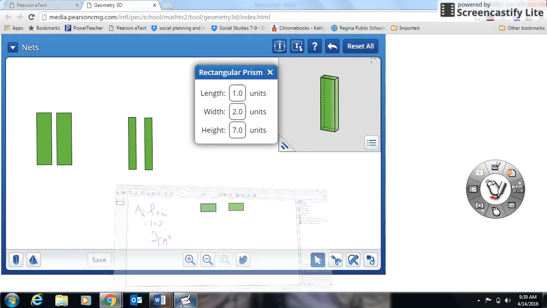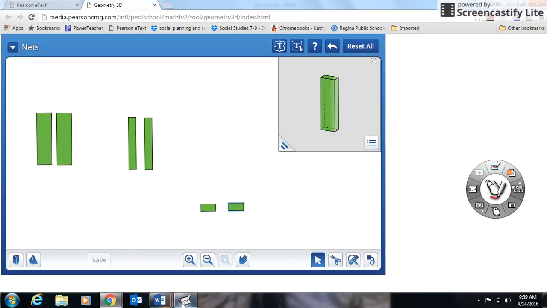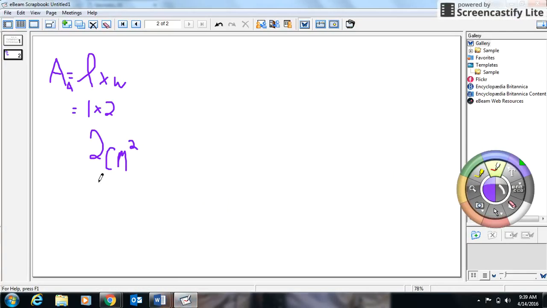Now look over here. If I say that this is shape B right here, I don't have to recalculate. I just have to multiply this number by 2.